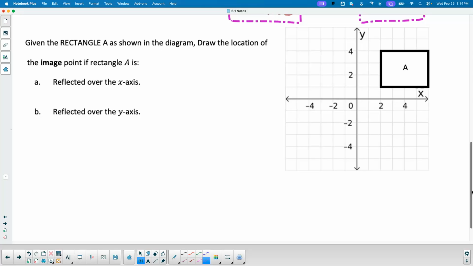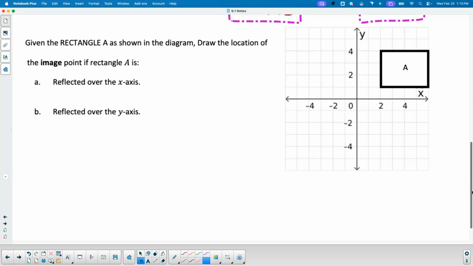There's reflections, where it's like you look in a mirror: you're reflecting it over a line, and that line is the mirror. There are translations, where you take an object and slide it horizontally or vertically or both. And there are rotations, where you take an object and spin it around a specific point.